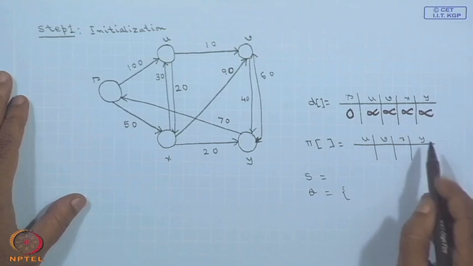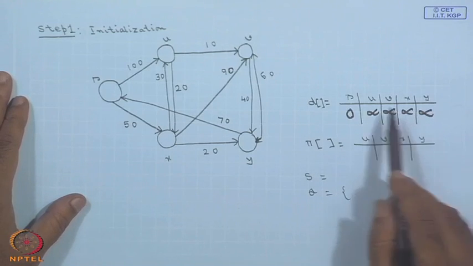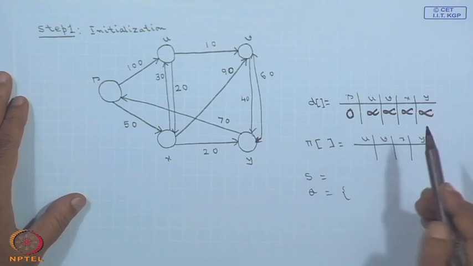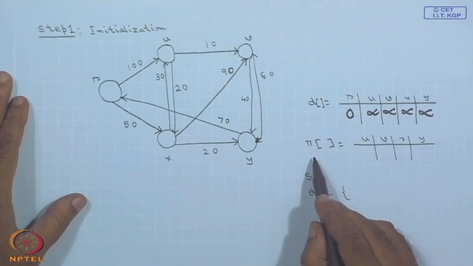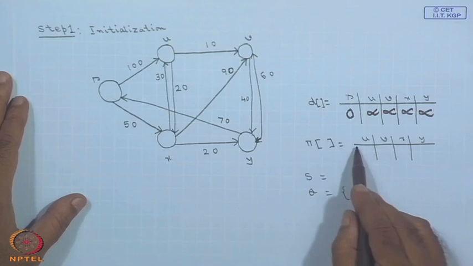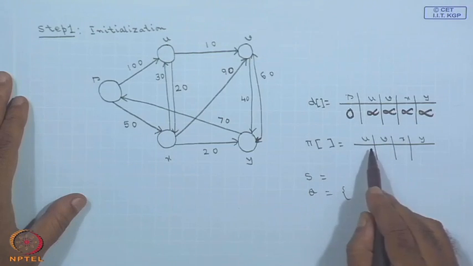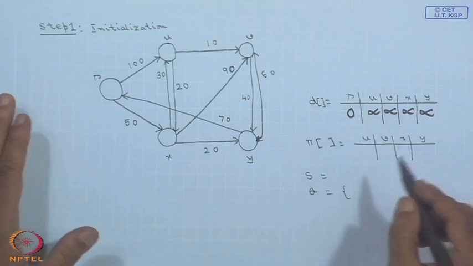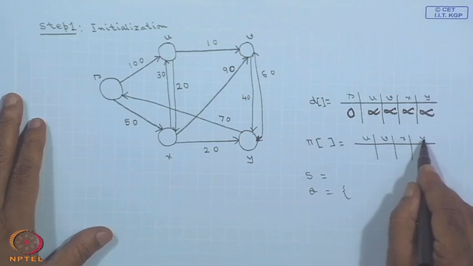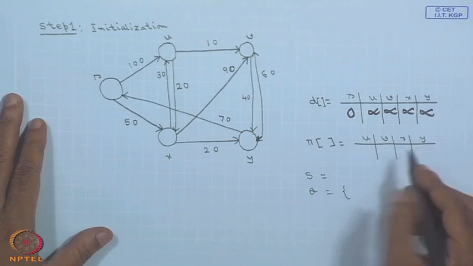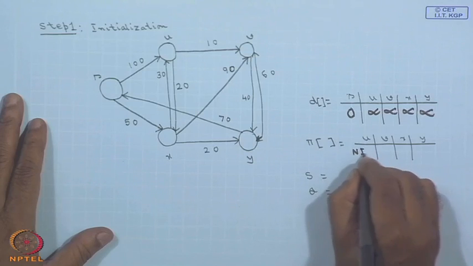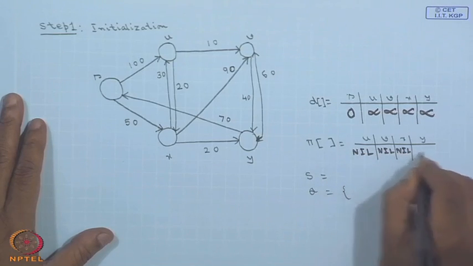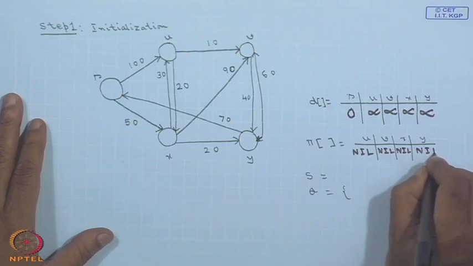In the initialization process, the distance of all vertices will be infinite and distance of S is 0. Whereas, when you are calculating your pi, we have not written the source over here, because for the source nothing is coming, and for all others the predecessors, of u, v and all these, are nil.